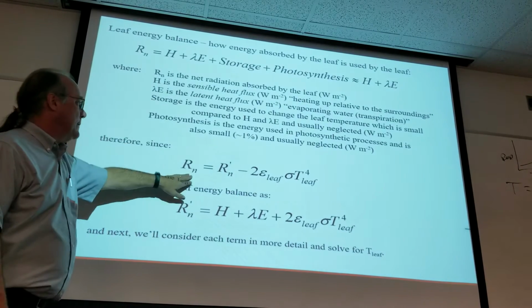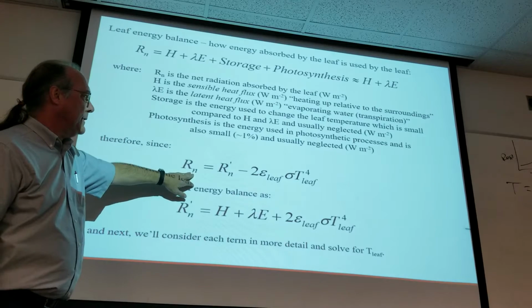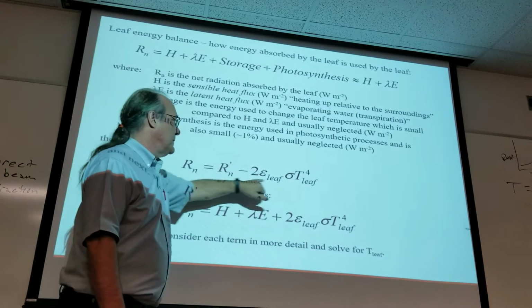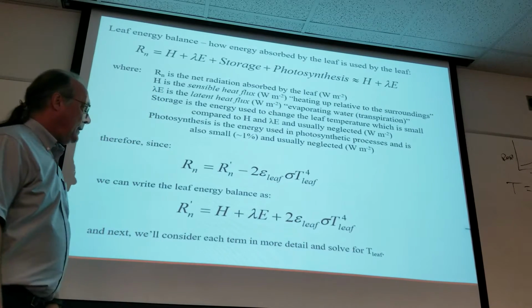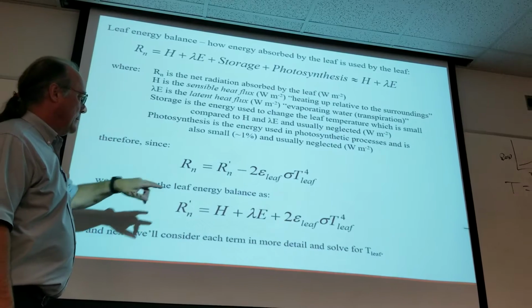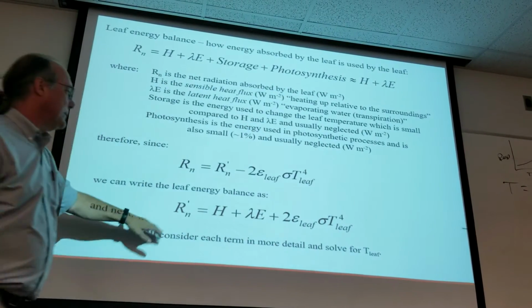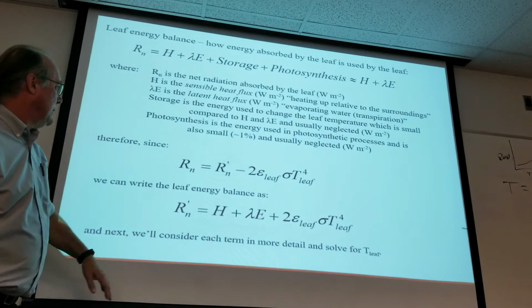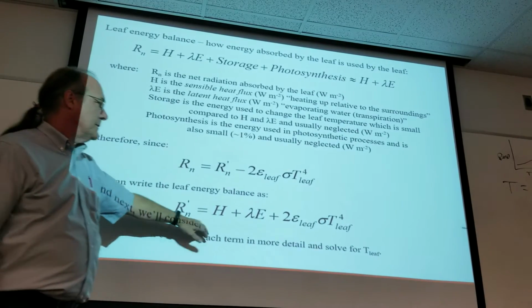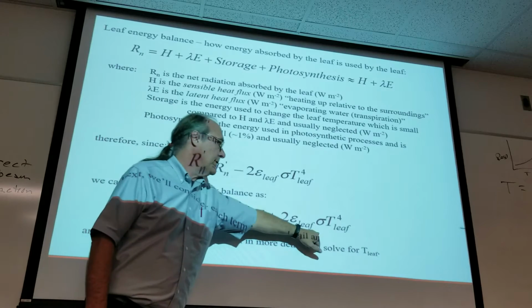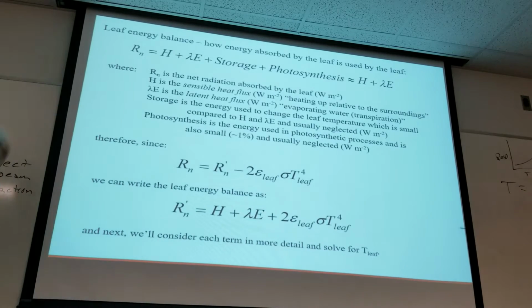And remember, the net radiation absorbed by the leaf is the incident minus the outgoing. And we can then neglect these terms and rearrange this equation to write the leaf energy balance as the latent heat flux plus the sensible heat flux plus twice this emissivity term, the long wave thermal radiation emitted.